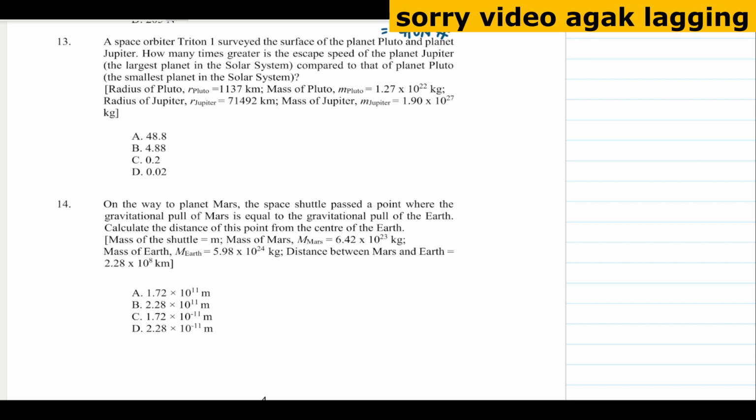So before we start, to solve this problem, let's write the equation of escape velocity, which is equal to square root of 2GM, where M is the mass, over the radius.